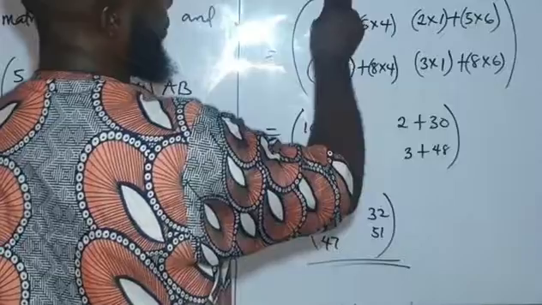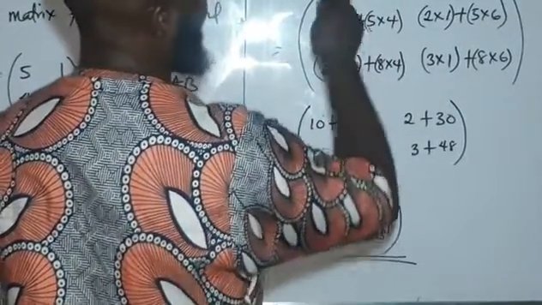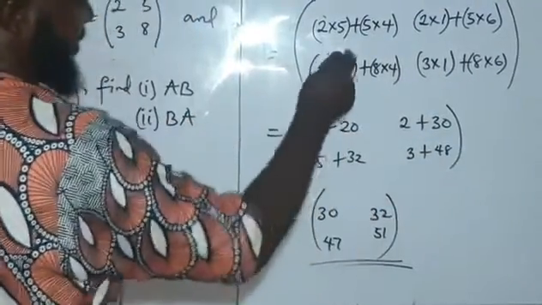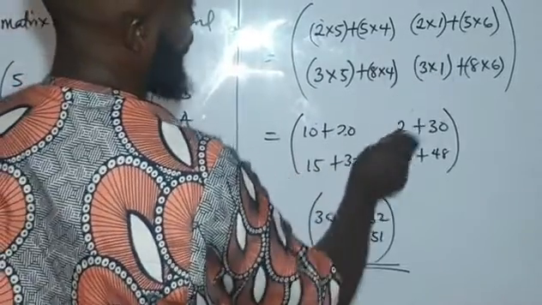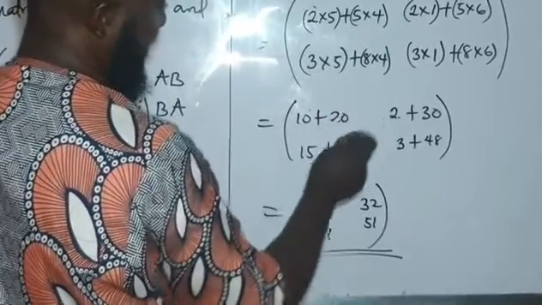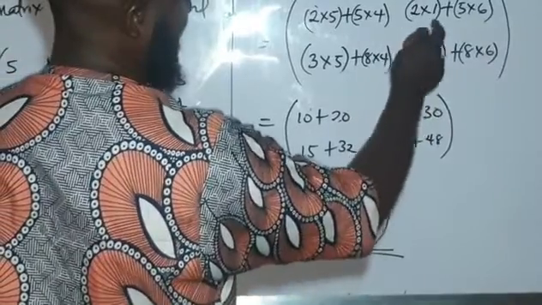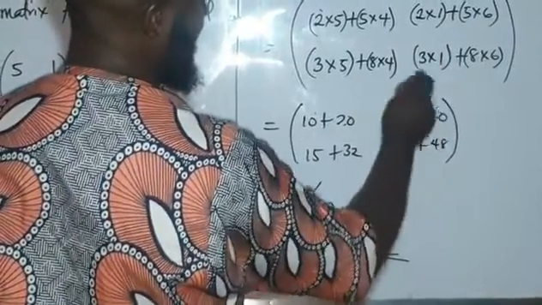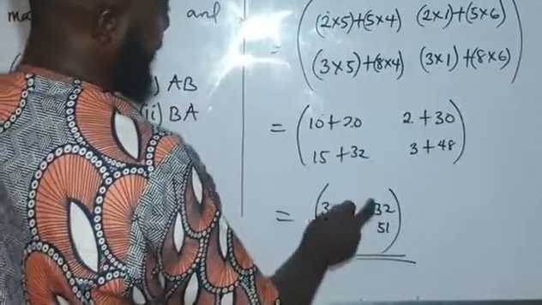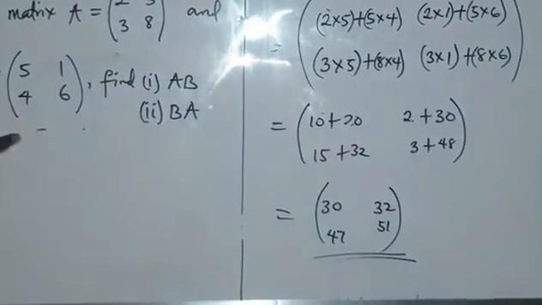We pick the second row: 3 times 5 plus 8 times 4, then 3 times 1 plus 8 times 6. When you multiply this, 10 plus 20, 2 plus 30, 15 plus 32, 3 plus 48. You add them together and that is 30, 32, 47, 51. So this is a 2 by 2 matrix.